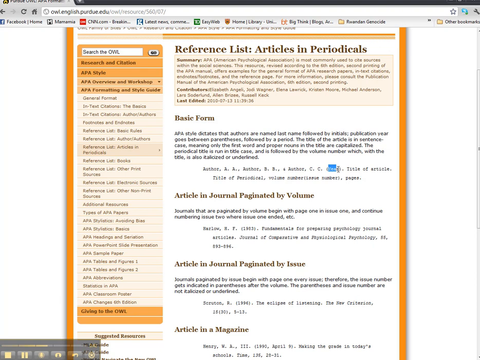Then we have this bracket and year, and all you write here is literally the year number that your article was published. Very, very simple, 2002. Close the bracket, period. Then we have the title of the article, and you can see here it is in normal font. The one thing I want to point out to you, and this is the interesting thing about APA, is that in APA only the first letter of your article title is going to be capitalized.